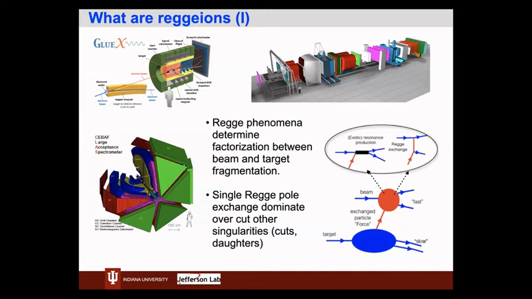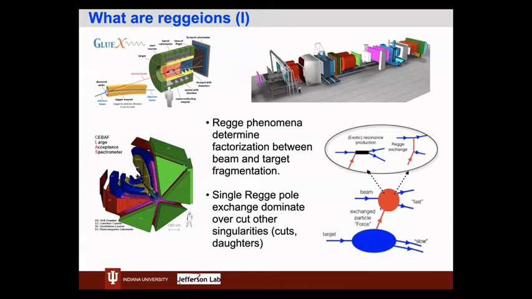Of course, one of the aspects that I think is fairly familiar is that Regge phenomena are somehow related to the description of reactions at high energy, something that is related to the ability to factorize the fragmentation of the beam from the fragmentation of the target.